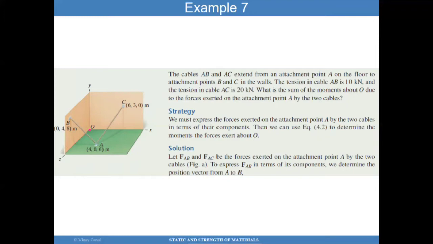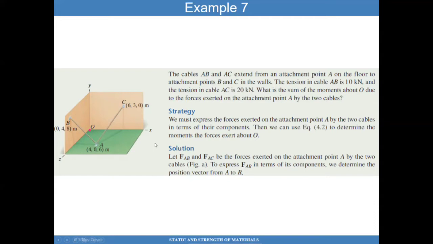And so what we want to do is to determine what is the sum of the moments about O due to these forces that are exerted on the attachment point A by the two cables.